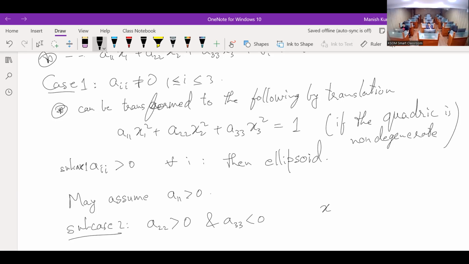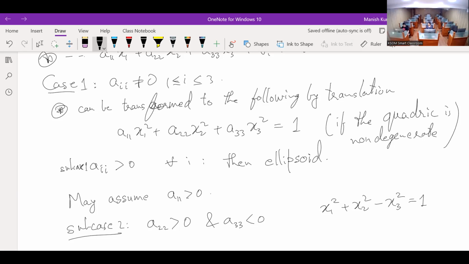So you can write down the equation, maybe x1 squared plus x2 squared minus x3 squared equals 1, and try to draw the picture of this. If you add some coefficients, the shape just becomes a bit distorted, but it will look more or less like this picture.